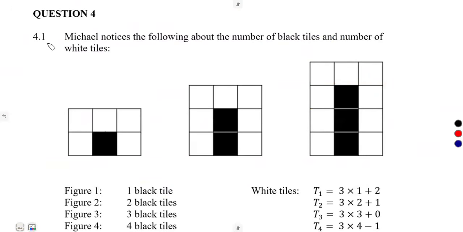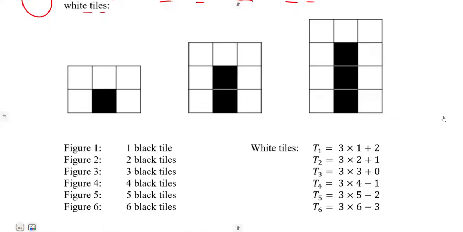Number 4, we are given 4.1. Michelle notices the following about the number of black tiles and the number of white tiles. So that's what we are given. In figure 1, there is 1 black tile, all right?